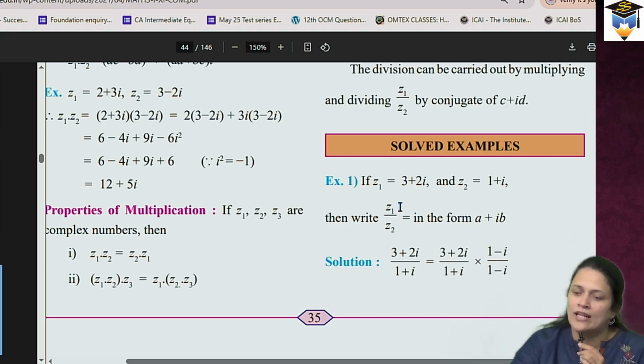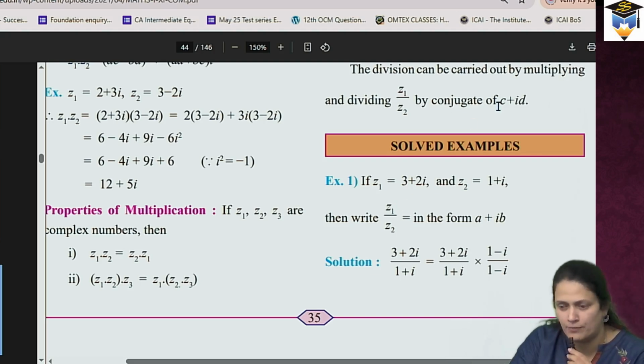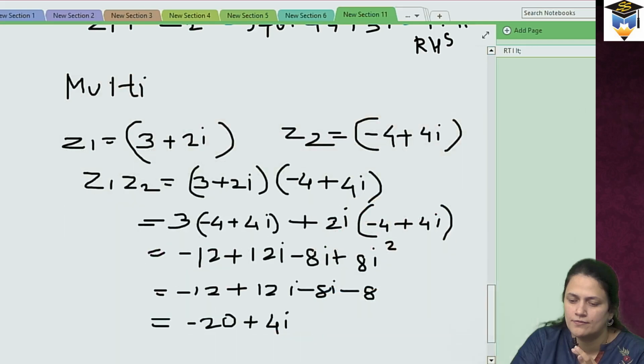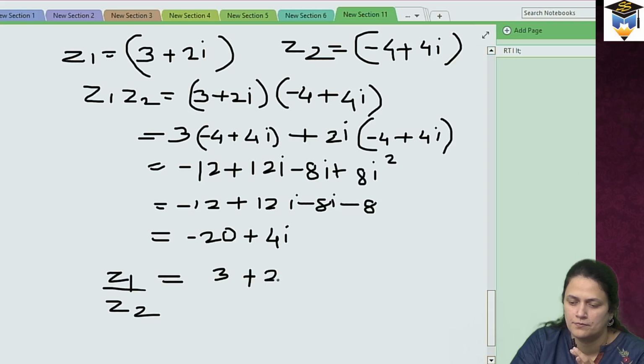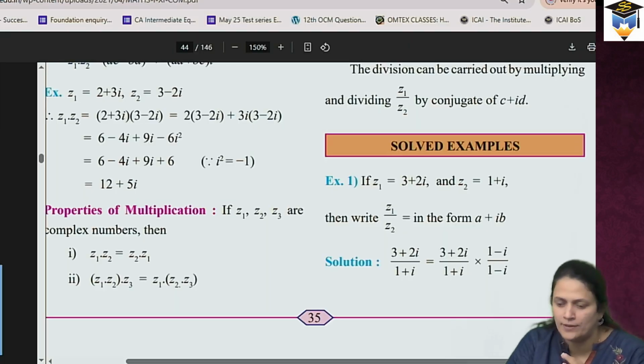Okay. So now z1 is given to you as 3 plus 2i, and z2 is given to you as 1 plus i. So z1 upon z2 means what? 3 plus 2i upon 1 plus i. Up till here everybody has understood? z2 was what? 1 plus i.